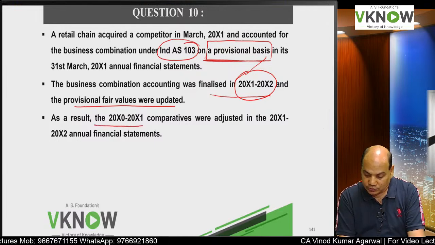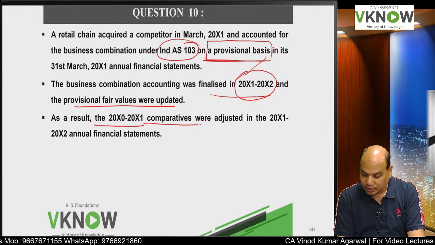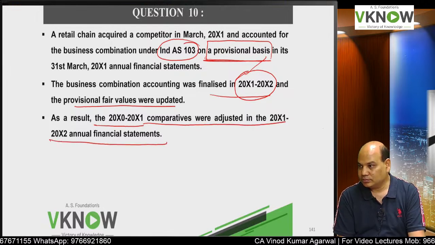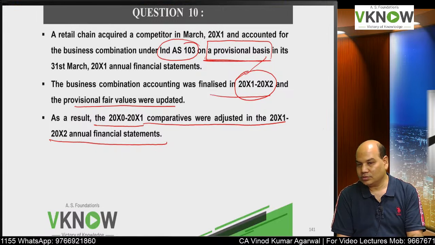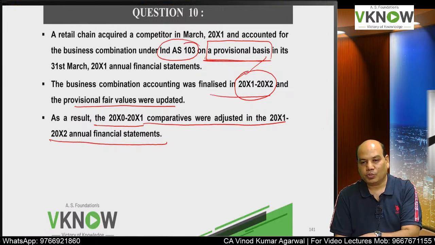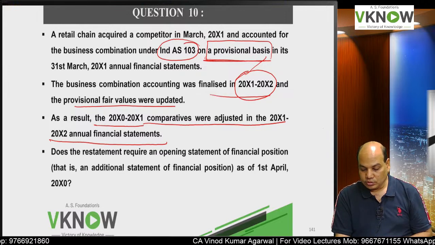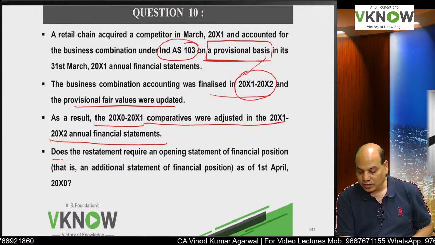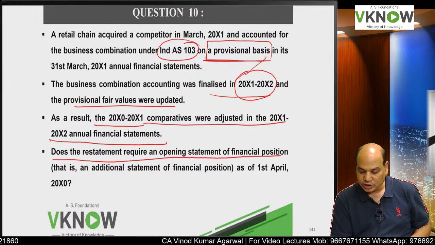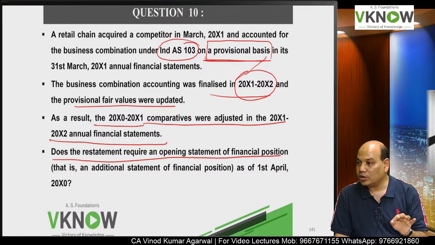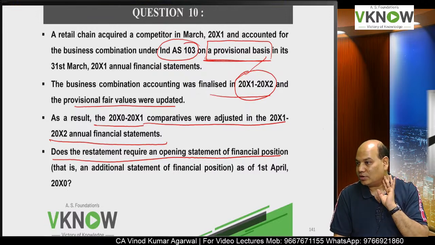As a result, 20x0-20x1 comparatives were adjusted in this year, because last year was provisional, this year is properly calculated as per fair value method. Does the restatement require an opening statement of financial position? That means whether I need to prepare one more additional balance sheet.